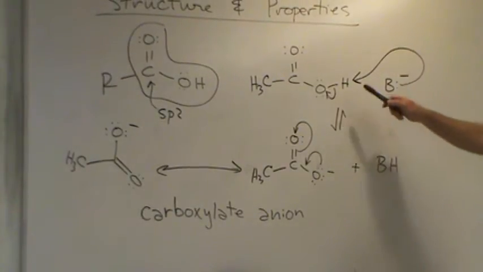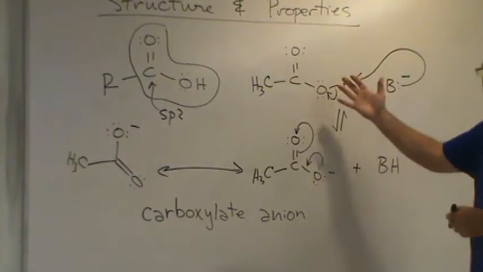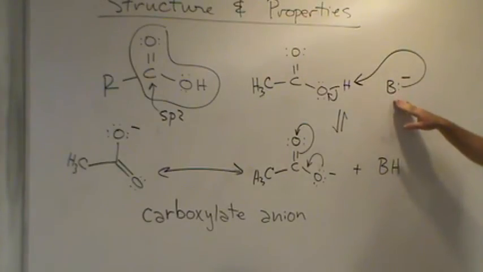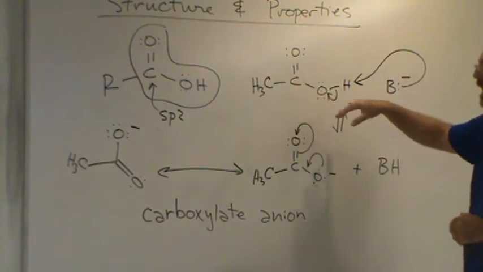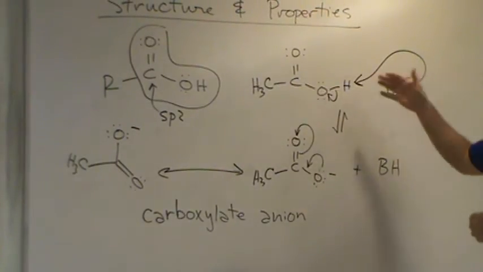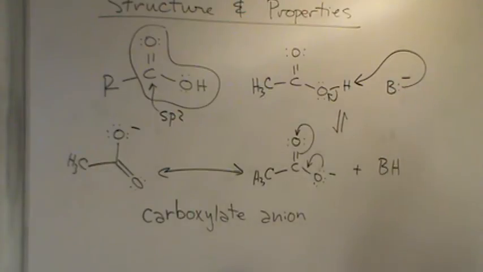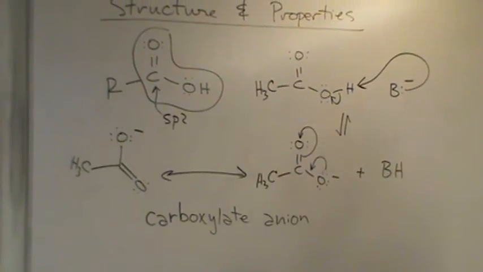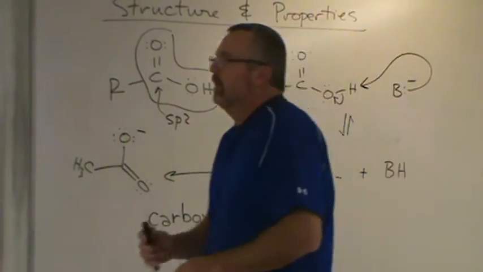What sort of bases will deprotonate them? Well, because carboxylic acids are reasonably strong acids, as organic acids go anyway, it isn't going to take a terribly strong base. So you can deprotonate carboxylic acids in water, for example. Water is not a very strong base, but it's basic enough to deprotonate the relatively acidic carboxylic acids. That's going to produce the resonance delocalized carboxylate anions.